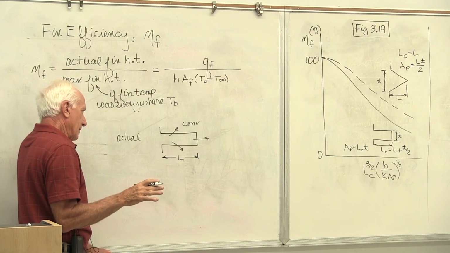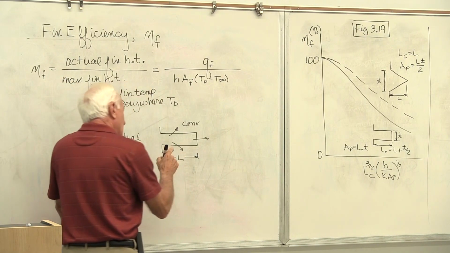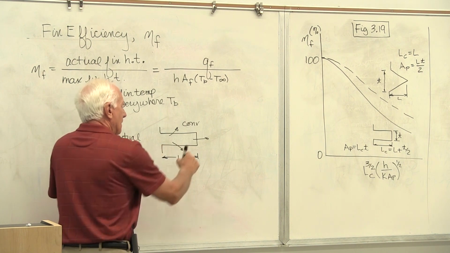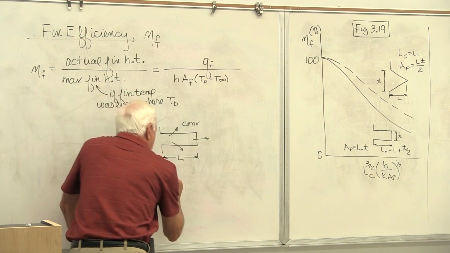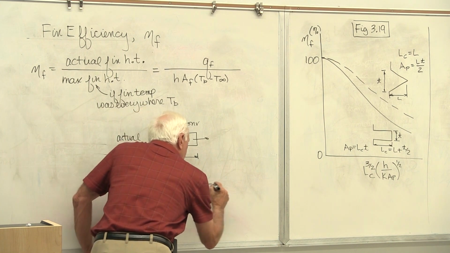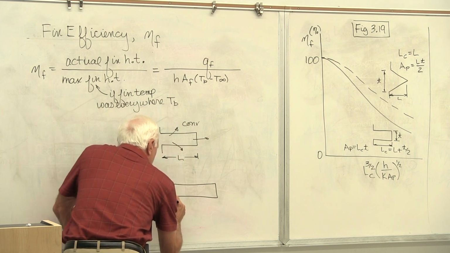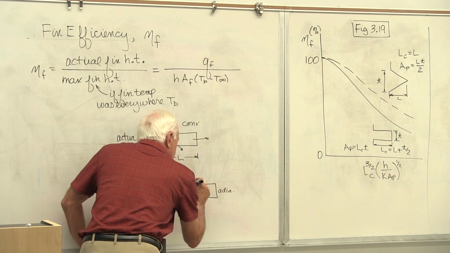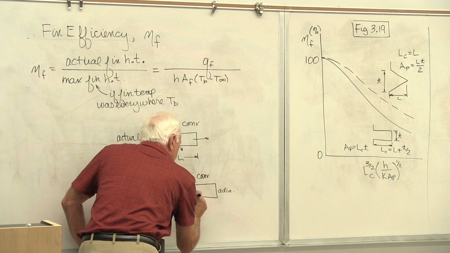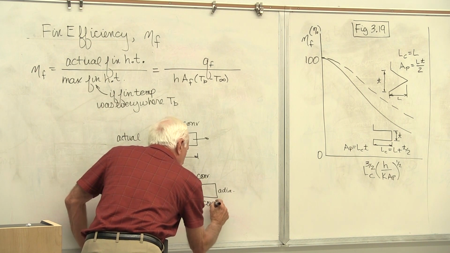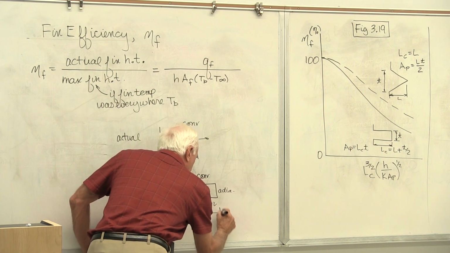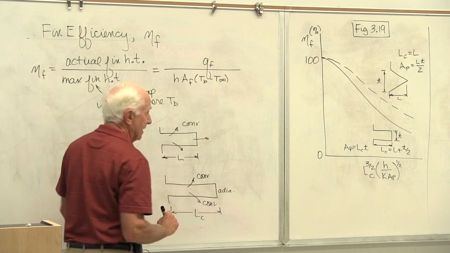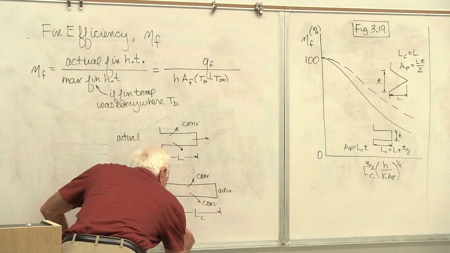But when you consider L sub c, what they're saying is, what if we design a fin which loses the same amount of heat, but the tip of the fin is adiabatic? We'd have to make the fin longer. Now this is adiabatic. No heat gets out of there, but we still have convection on the sides. The length of that fin we call the corrected fin length. L sub c stands for corrected fin length.